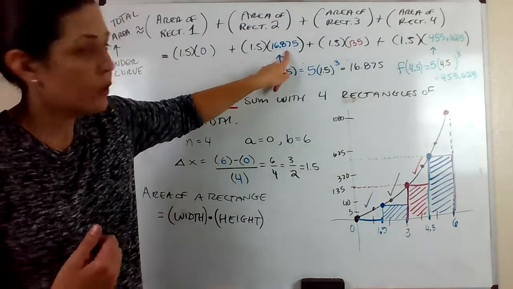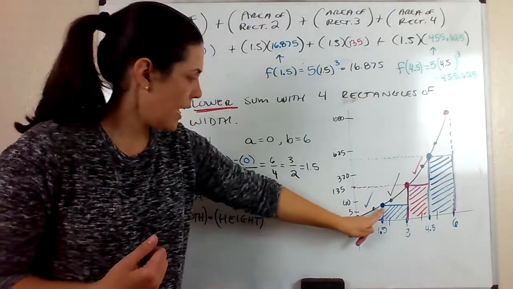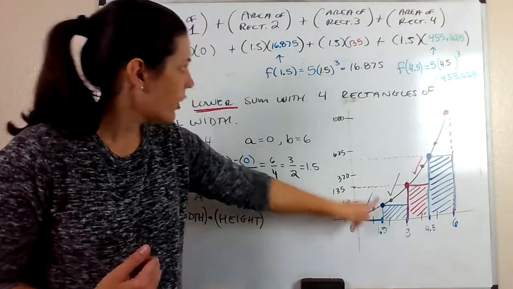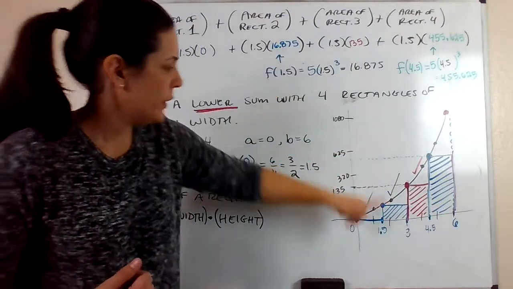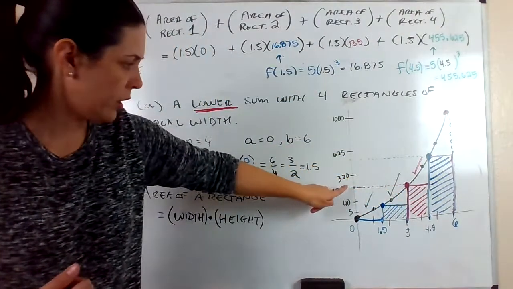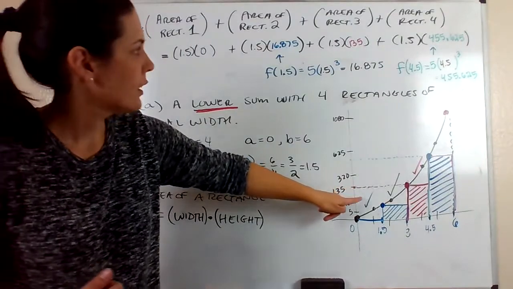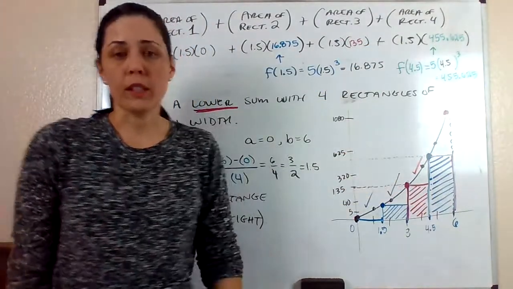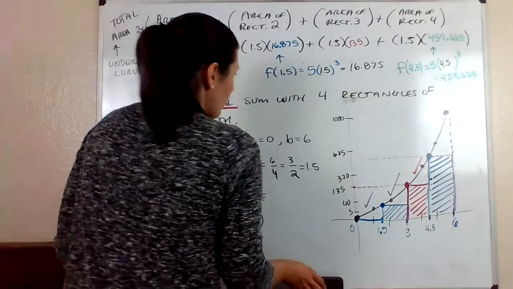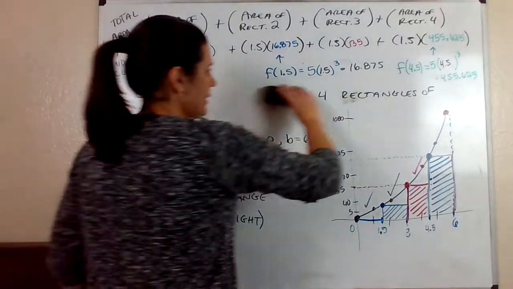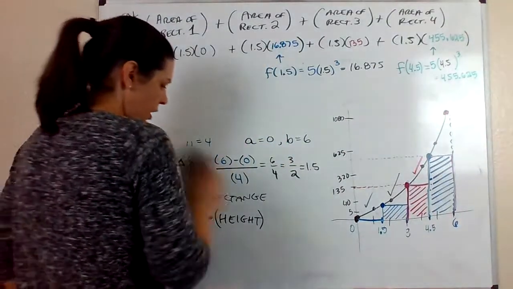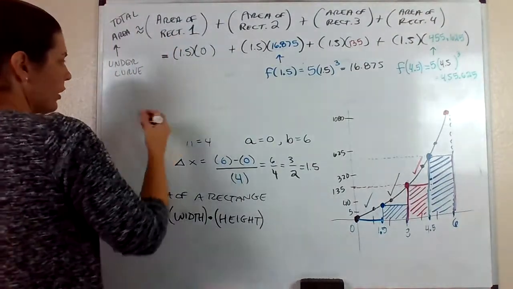The second rectangle we couldn't tell by looking. We had to plug that x number back into our function. The third rectangle we could tell from our previous work, the y value or the height. And then the last rectangle, we had to do the work again. We had to plug in. So we're ready to add these up and get the estimate of our area under our curve.